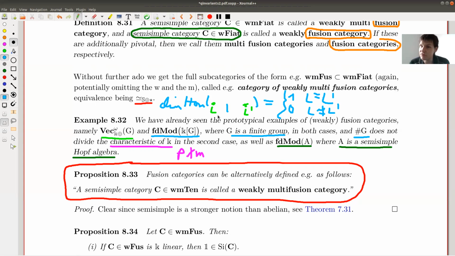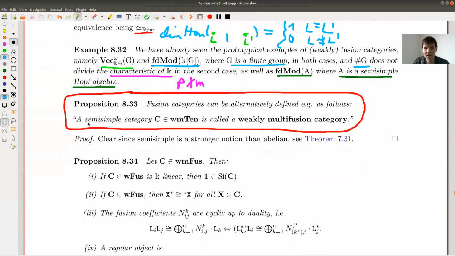But it should be extremely good for semi-simple categories, because semi-simple categories only have trivial hom spaces anyway. And in a certain sense that's true. Numerical invariants are pretty good for those fusion categories, for those semi-simple categories.